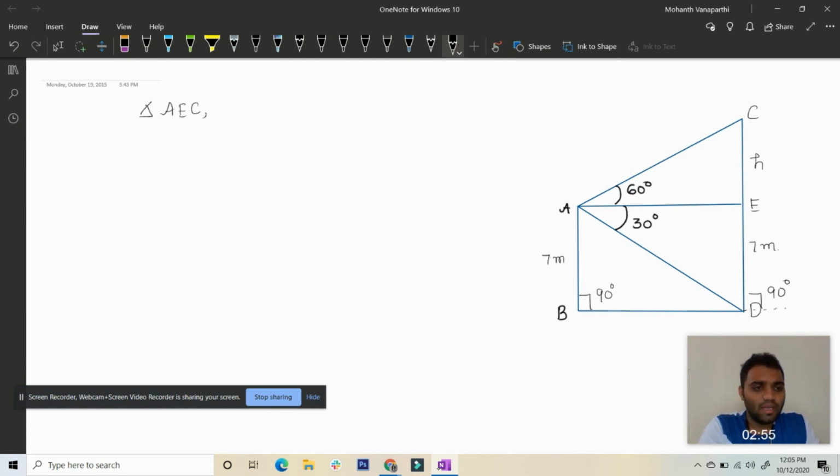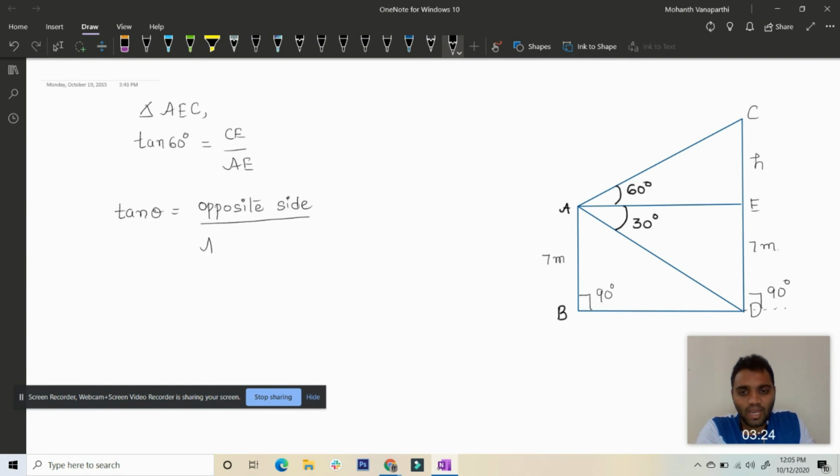Now in triangle AEC, tan 60 is equal to CE divided by AE, as we know that tan theta is equal to length of the opposite side to theta divided by adjacent side.